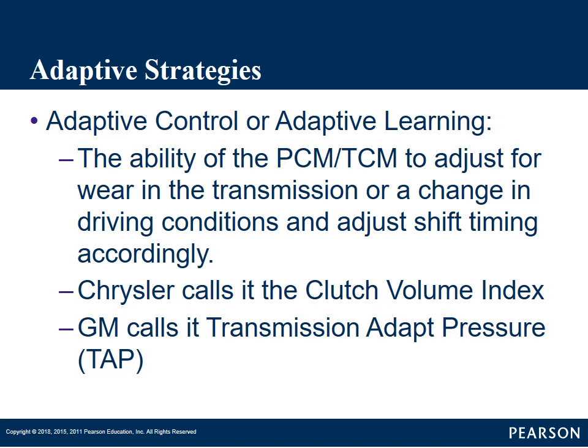We can actually go in and see this on scanners, our clutch volume index and our transmission adapt pressure. Other manufacturers are using the same strategy. They're just calling it different names and putting different numbers to it.